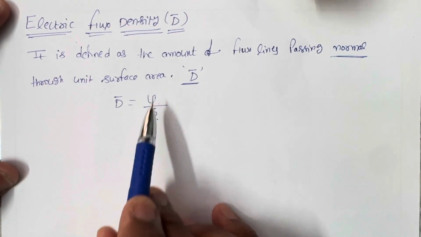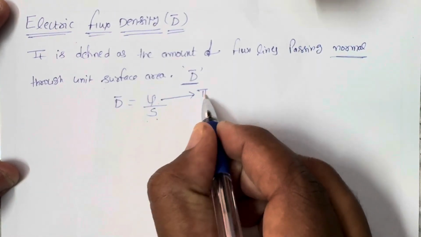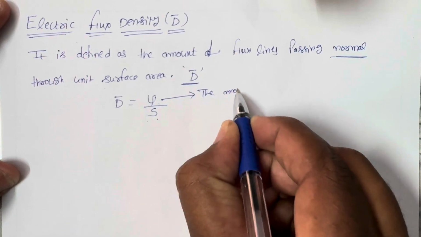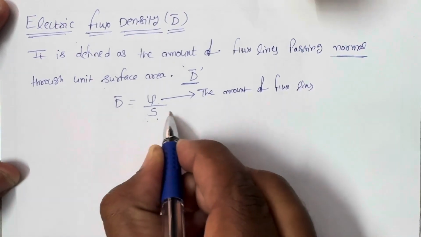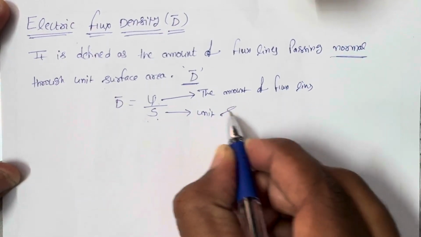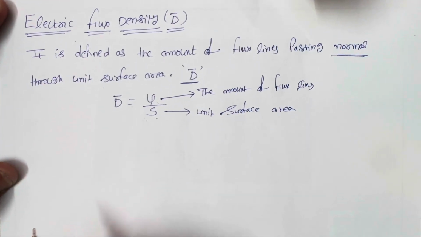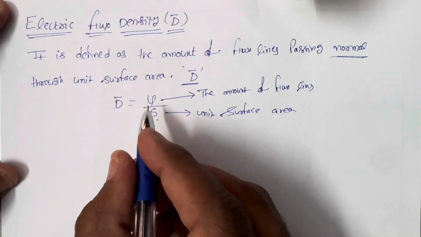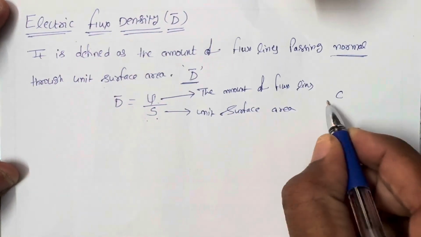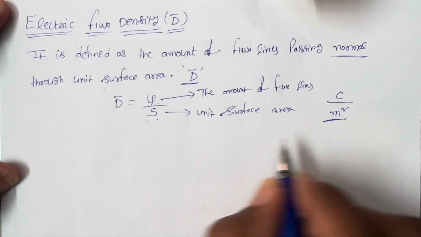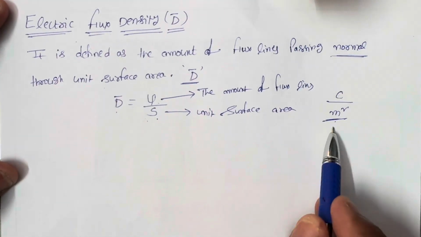The unit for psi is coulombs. For surface area, the unit is meter square. So the unit for D bar is coulombs per meter square.